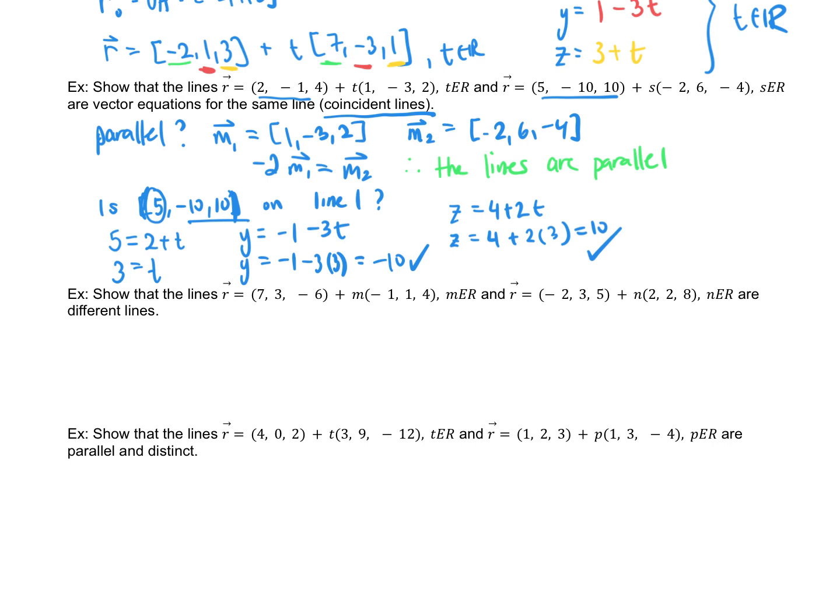Therefore, these lines must be coincident. So therefore, the lines share a point, therefore they are coincident.